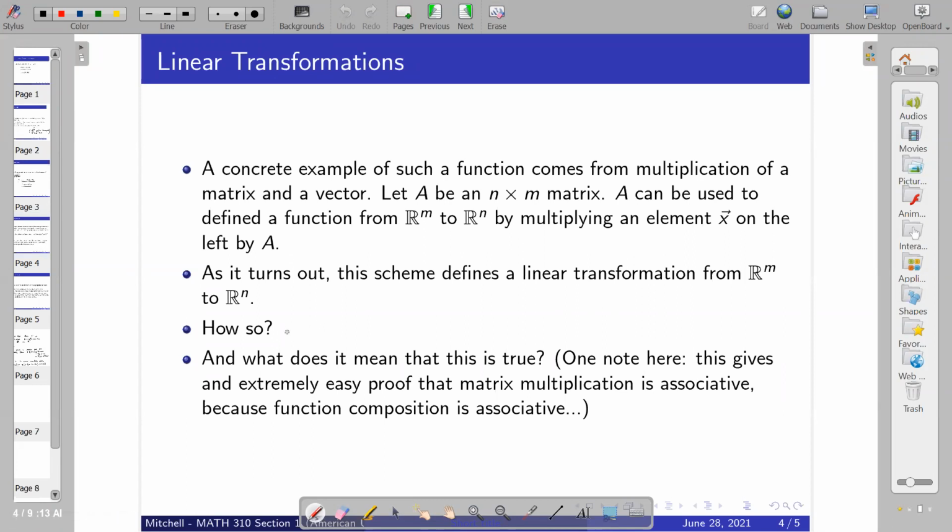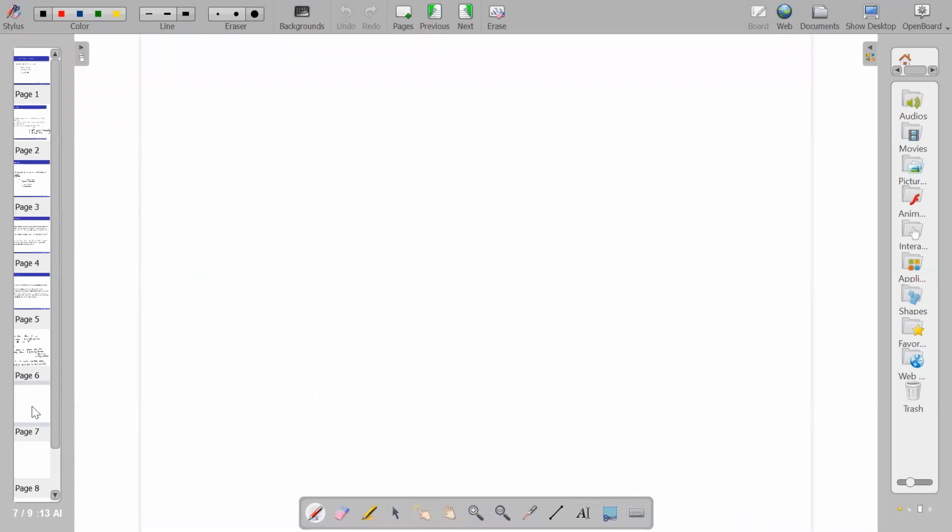I guess I need to explain why I'm saying that. So I'd like to look at a particular example. Why does something like this work? Why is the statement that we just made reasonable?